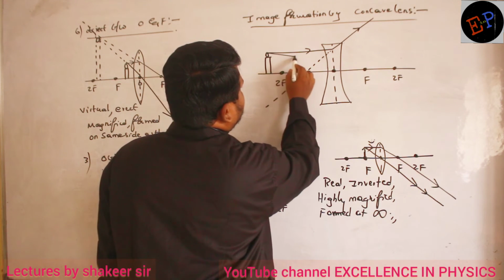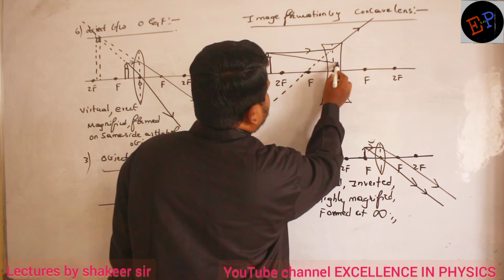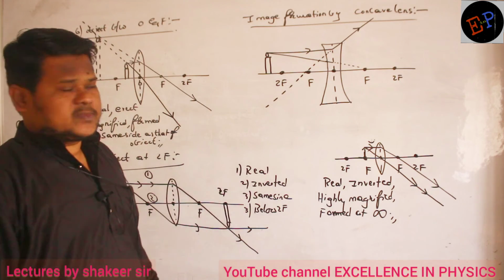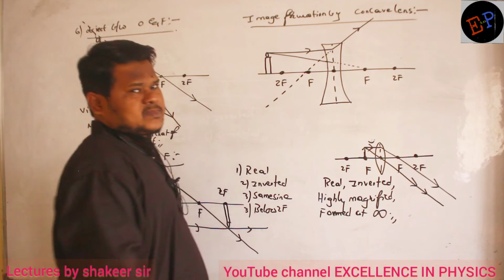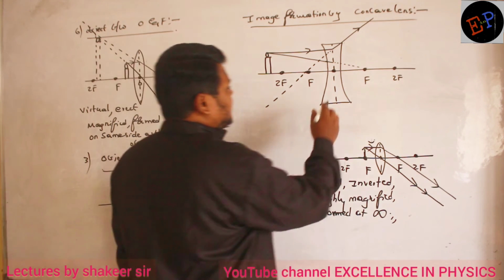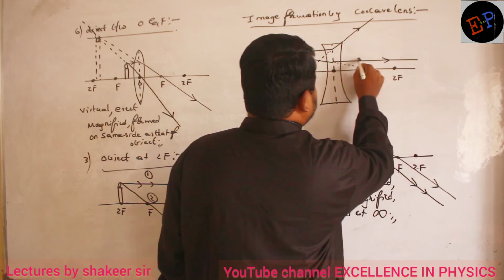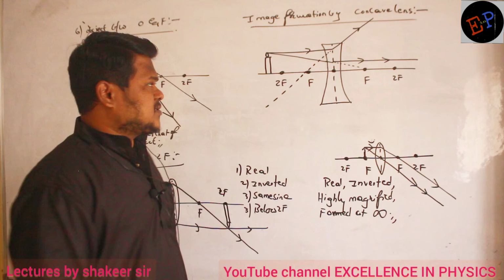So light ray passing through the focus. Actually this light ray should travel like this if there is no lens. So here light ray is passing through the focus only. Are you able to understand? After refraction, it will pass parallel to the principal axis. Clear now? Pass parallel to the principal axis.